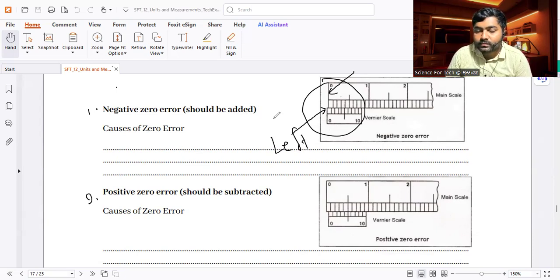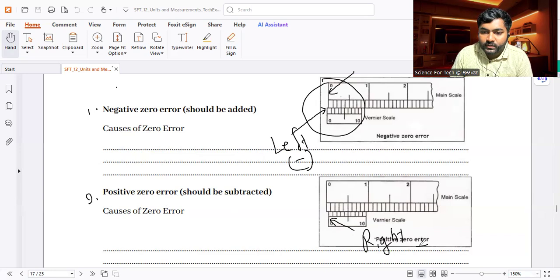Understood? Then positive zero error: in the positive zero error, vernier scale zero is placed on the right side of the main scale zero. If it is positioned on the left side, that is negative. If it is positioned on the right side, that is positive.